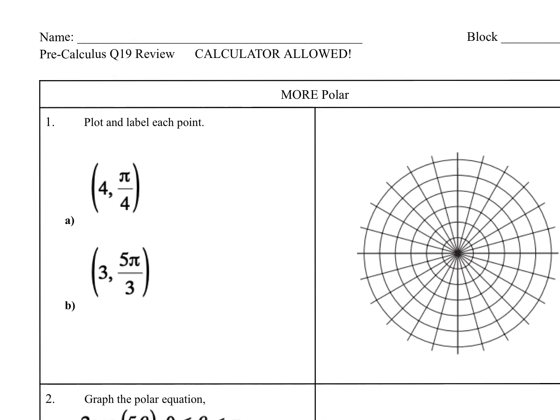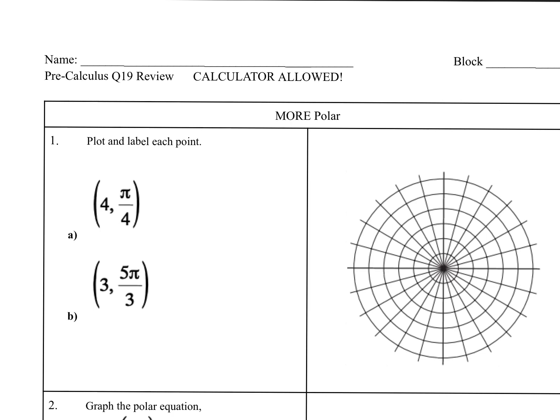Alrighty, let's make this answer key. Mrs. Q, plot and label each point. Pi over 4 is like right here, and then 4, 1, 2, 3, 4.